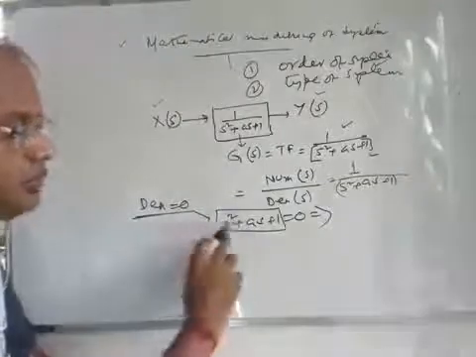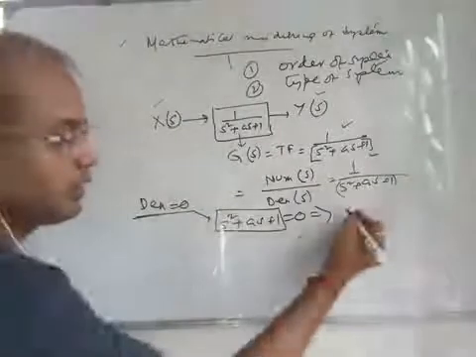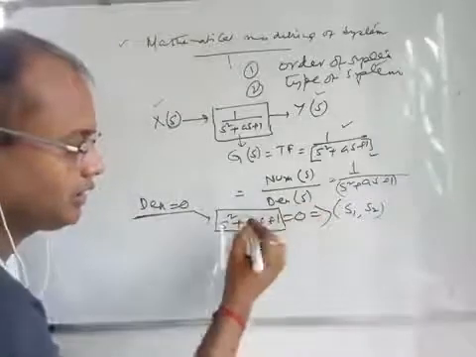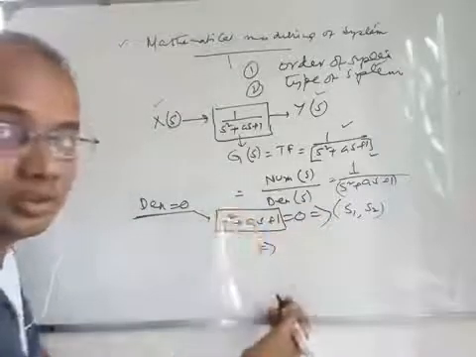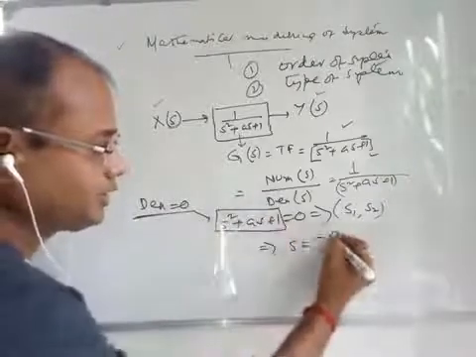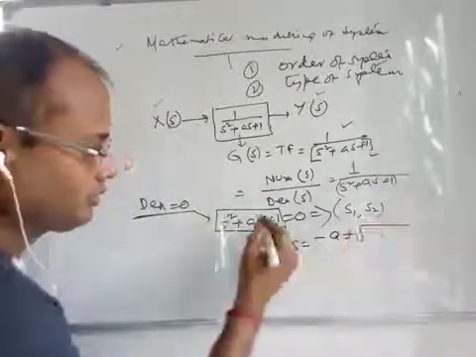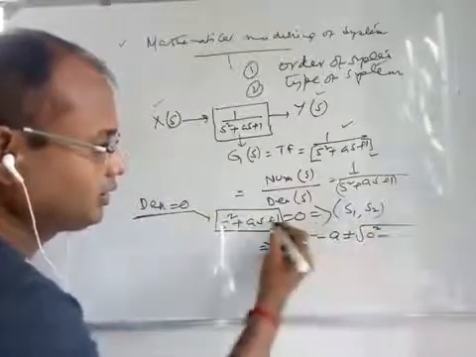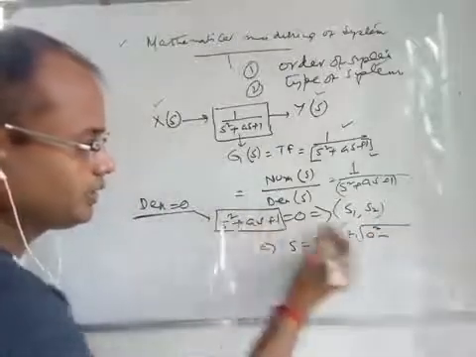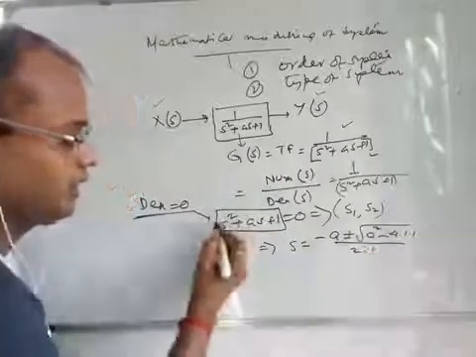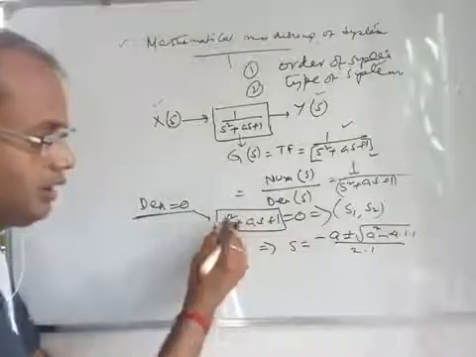If you solve this, you will get the two poles, s1 and s2, right? How can you get it? By using the Sridhar Acharya formula. So s is equal to minus b plus minus root over b square minus 4ac, over 2a, where a is the coefficient of s square, right?